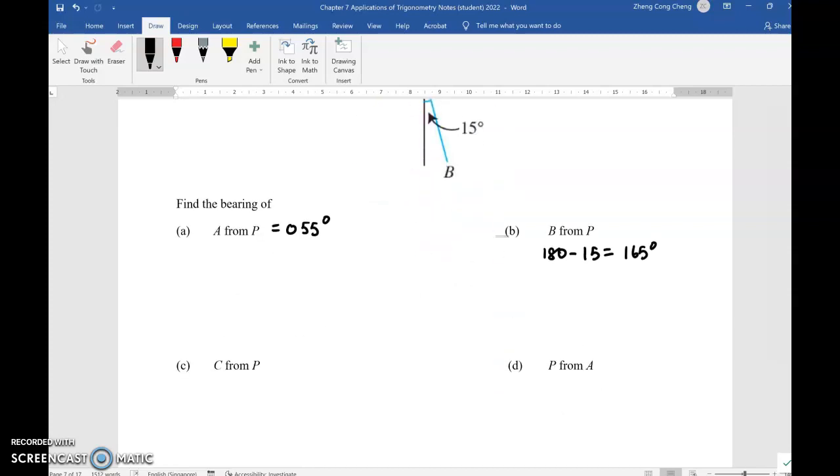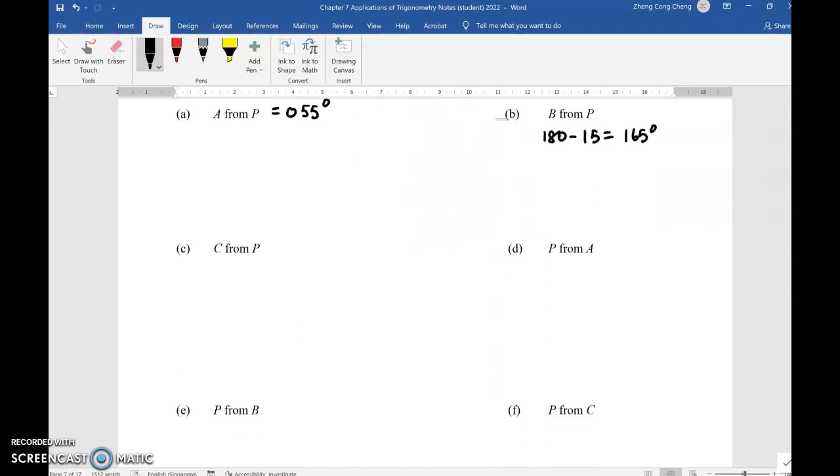But moving forward, we might experience things that are not from P anymore. So let us explore bearings of P from A.